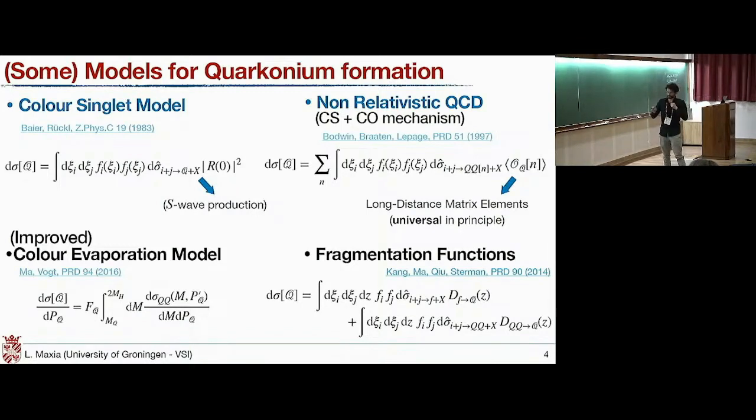In particular, this last one can be connected to non-relativistic QCD, because the fragmentation function has some rules that connect them to the long distance matrix elements, which are the non-perturbative parameters of the non-relativistic QCD effective field theory, which are universal in principle.